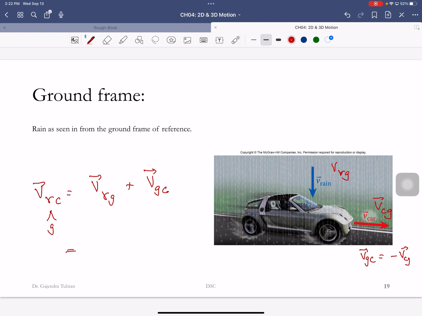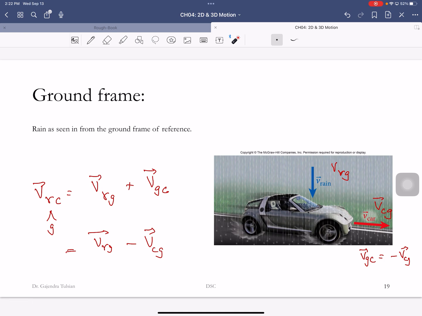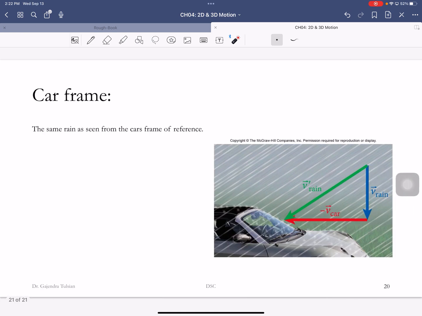And so this is equal to velocity of rain with respect to ground minus velocity of car with respect to ground. Okay. And that's what this is showing you. And that's the velocity of the rain you see in the car.